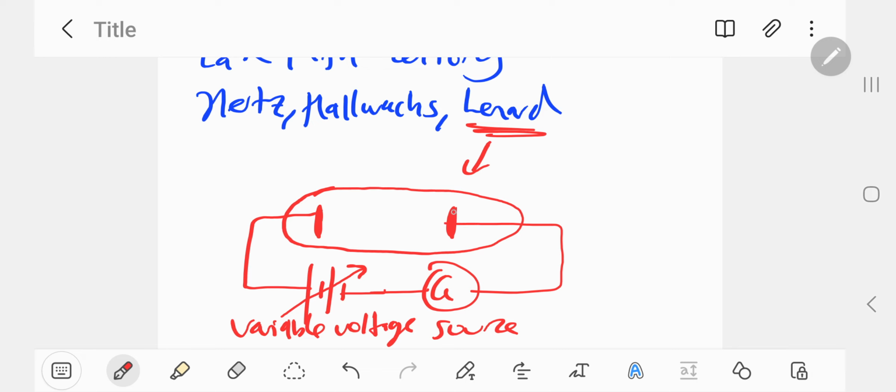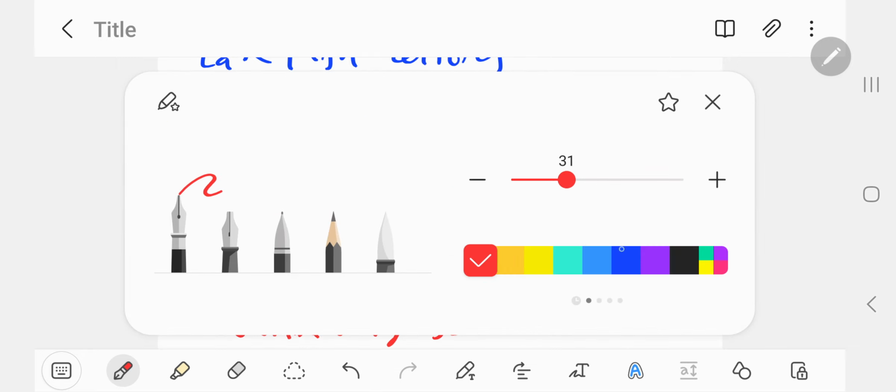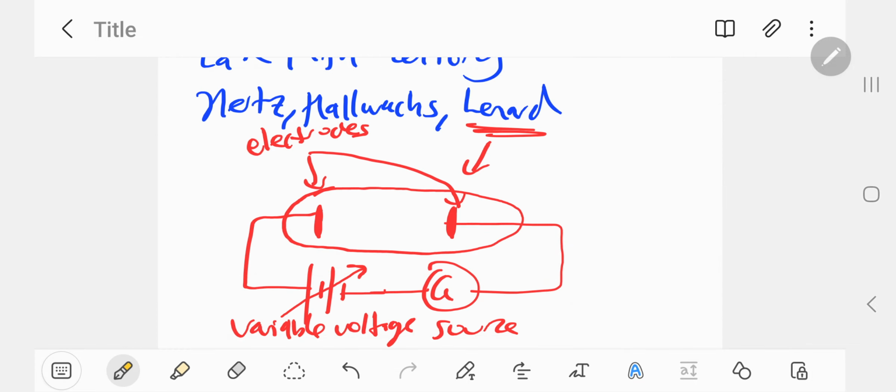So here you've got electrodes, two metal plates, also called electrodes. So slabs of metal. And what Lenard did was this: he shone light of a particular frequency, particular wavelength onto one of the plates.